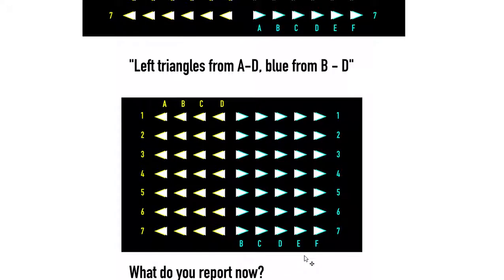And that means if you see something like this, perhaps you can report, yeah, I see the arrows pointing left in columns A to D and from numbers 1 to 7, and I see with the right eye blue arrows contiguous from B to F in, again, all rows. So you see here, they're not seeing E and F with the left eye, and we discover the first column's been chopped off in their right field of view. The A column is missing for the blue.